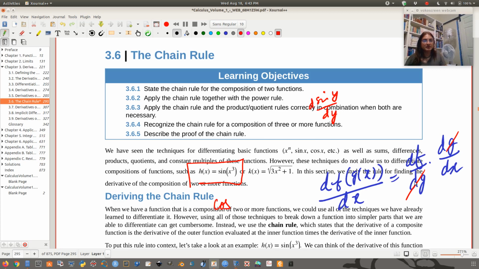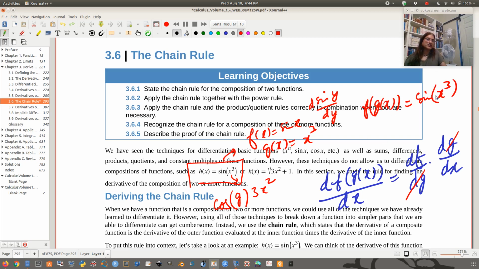So cos of g times the derivative of x cubed, which is 3x squared. But what is g in our case? Remember, our f function was sine x, but our g function is x cubed. And f of g of x is sine of x cubed.